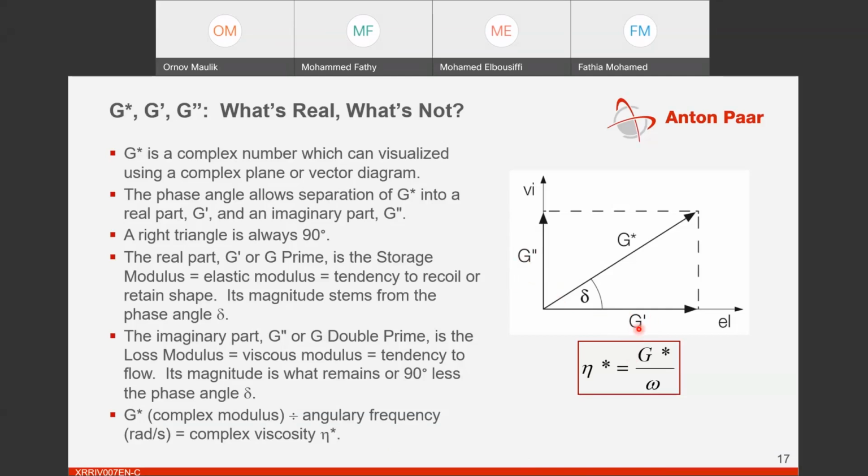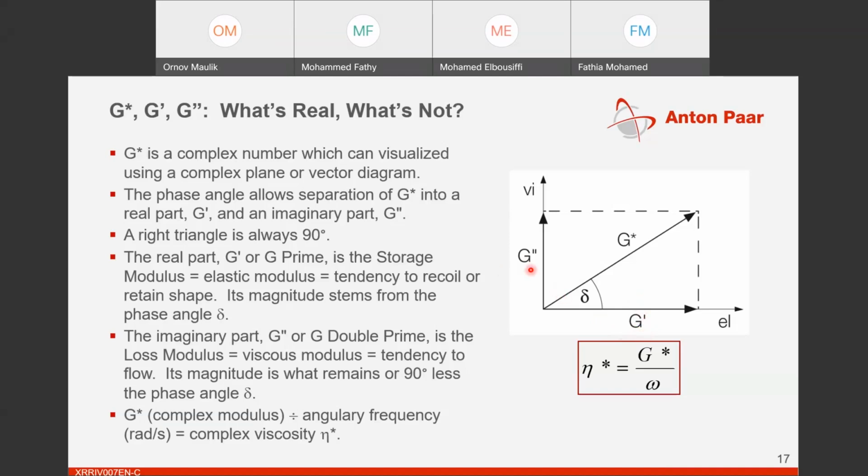Why is it called storage modulus? Because after deformation, the energy in the structure is stored and it regains its structure. So that's why G prime is always elastic, gives you an elastic property, and is called the storage modulus.